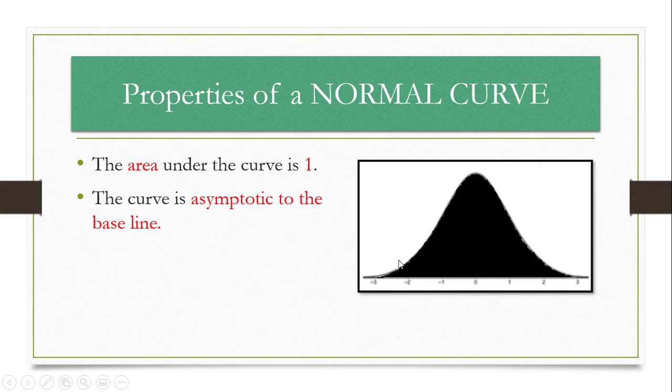This curve extends indefinitely to the left and approaches the baseline, yet it doesn't meet. That is what we call asymptotic to the baseline. The same way on the right, it extends indefinitely but never reaches the baseline. It just approaches indefinitely.